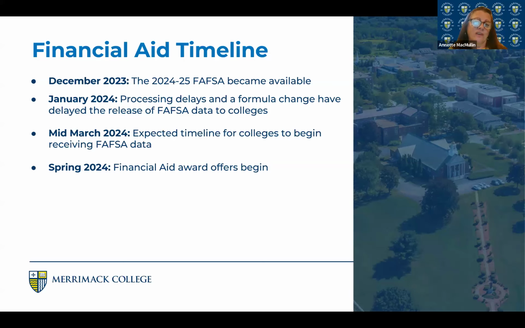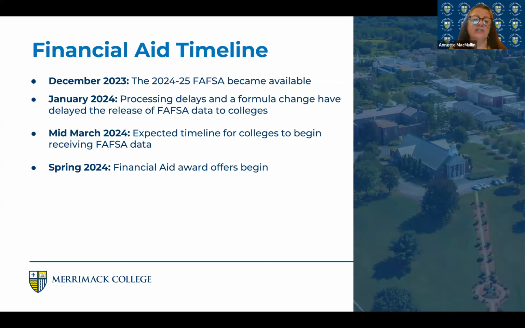But the good news is that the federal government has now started to release in very slow batches your information to colleges. So we will soon receive this information over the next 2 to 3 weeks. We don't have it yet, but we are very hopeful that they are still going to stick to their time frame. Once we receive your information, we are going to do what we need to do at Merrimack to prepare your financial aid award offer.